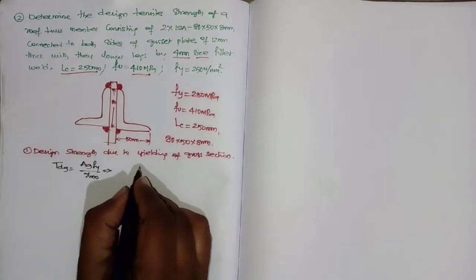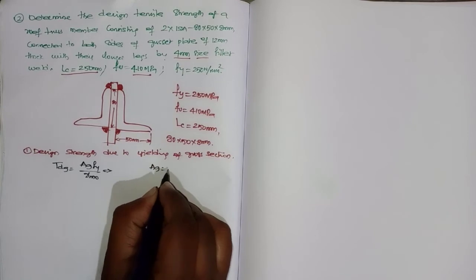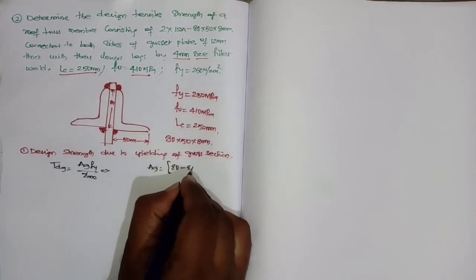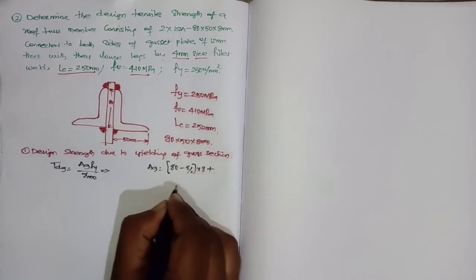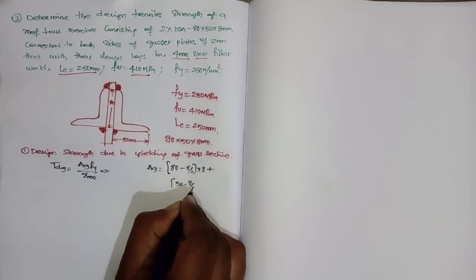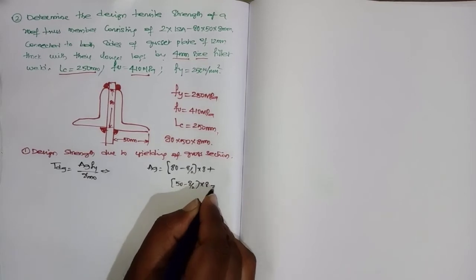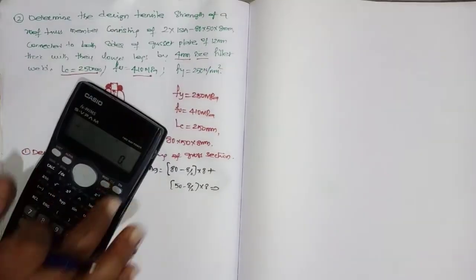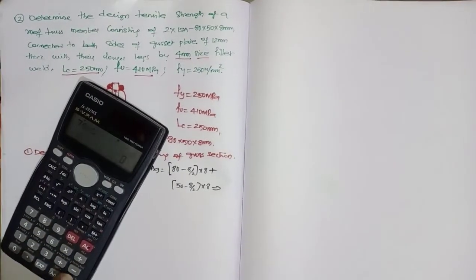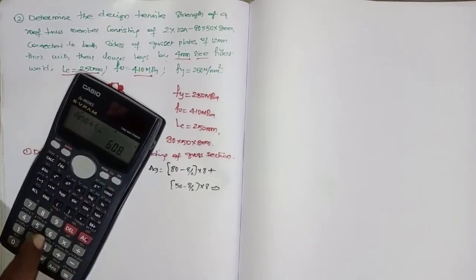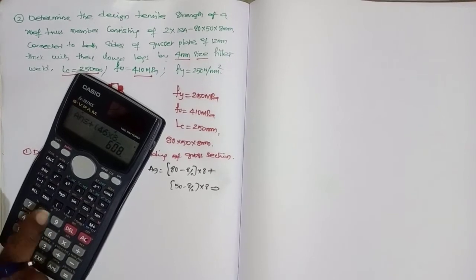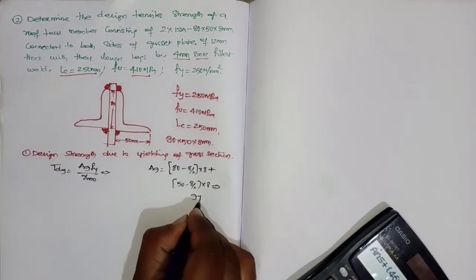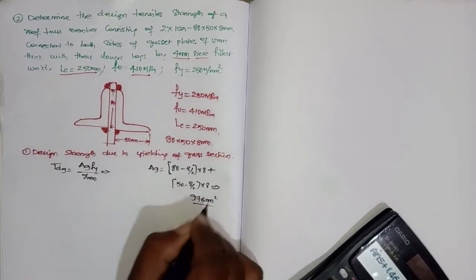Okay, so AG, if steel table is not available, this is the procedure: 80 minus 8 by 2 into 8 plus 50 minus 8 by 2 into 8. How much are you getting? 76 into 8 plus 46 into 8. So you are getting around 976 mm square for each angle.